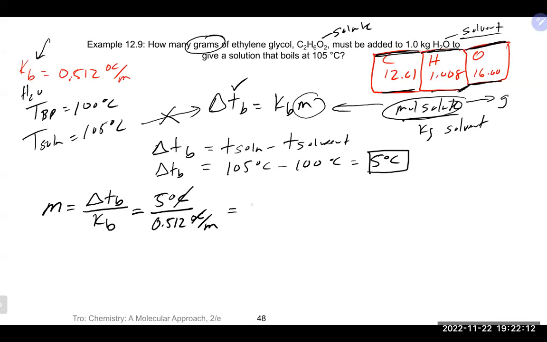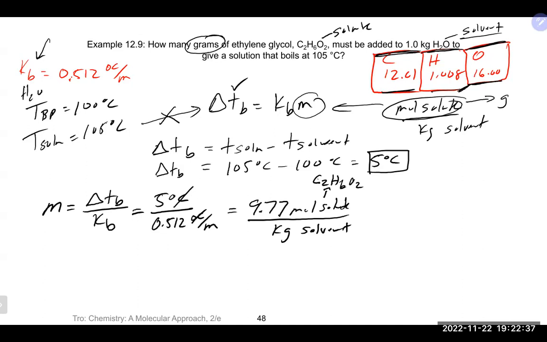And that gives us something like 9.77, we'll call it. And that would be moles of our solute divided by kilogram of solvent, which in reality is our C2H6O2. C2H6O2 is our solute. First off, any questions up to that point?